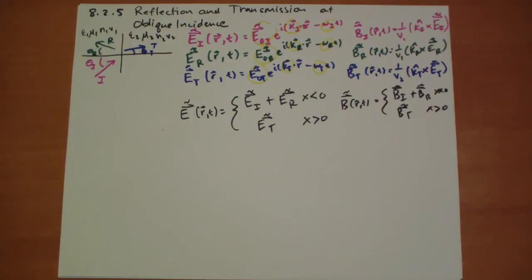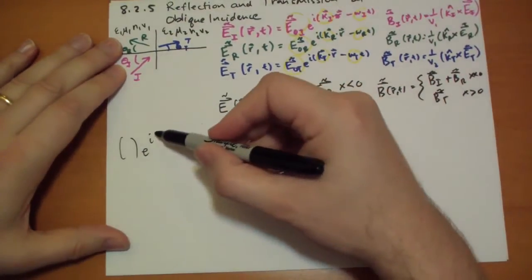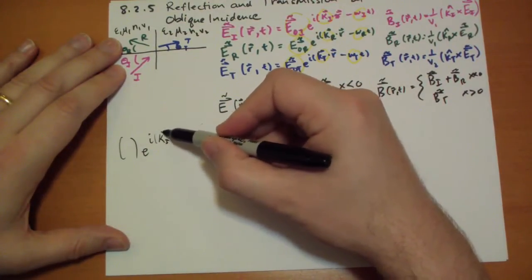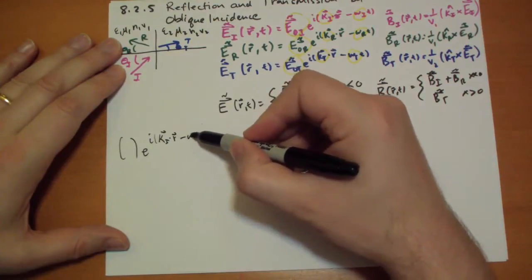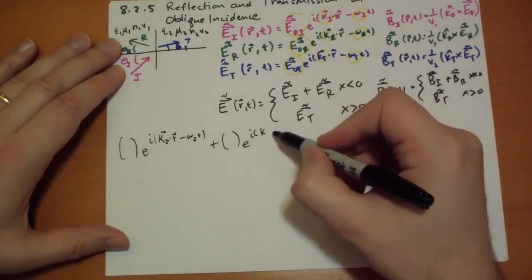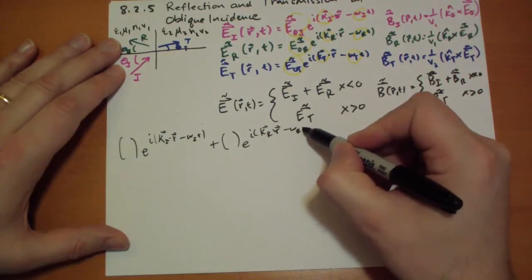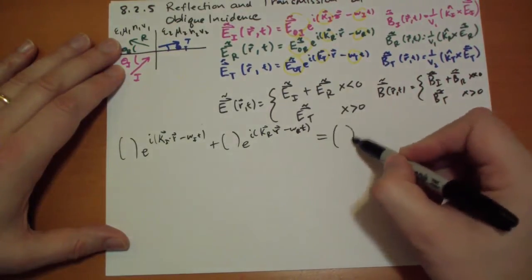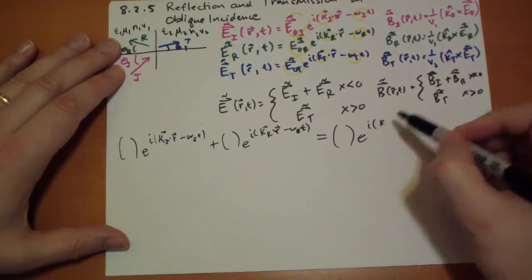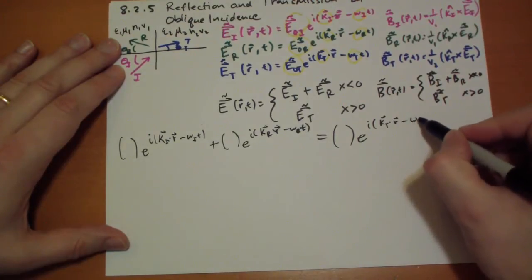Immediately we can start applying the boundary conditions, but they are going to give us a general form that looks like this: something times e to the i kappa I dot r minus omega I t, plus something times e to the i kappa R dot r minus omega R t, is equal to something times e to the i kappa T dot r minus omega T t.